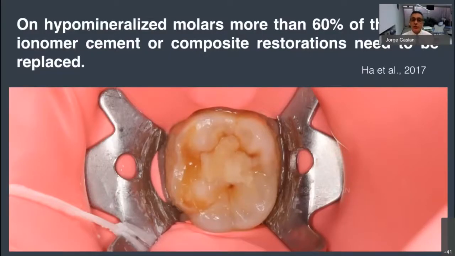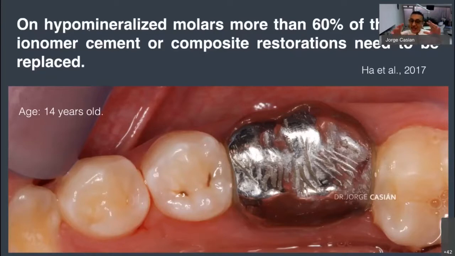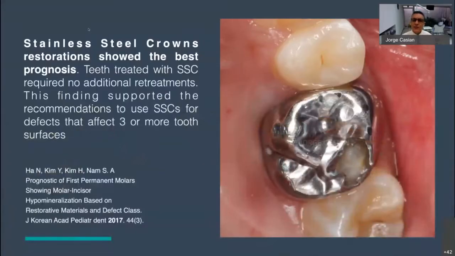Both kinds of restoration needed to be replaced, which takes children to extensive and atypical restorations too early. Look at this crown. An atypical restoration on a teenager. Any kind of restoration has a limited life. Even stainless steel crowns can fail, especially if they were placed too early.